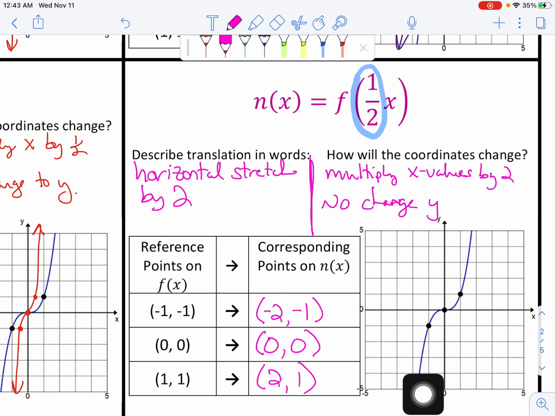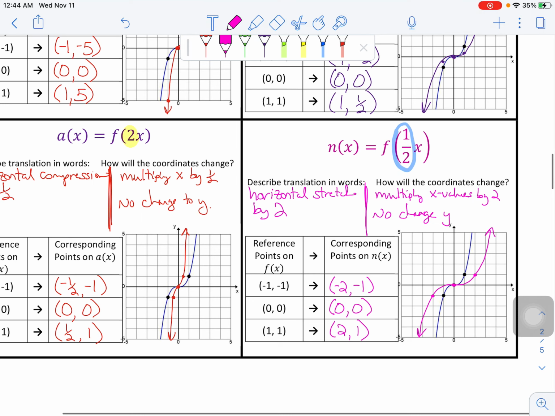It's being stretched away from the y-axis to right here. So -2, -1. 0, 0 can't stretch away from anything or compress close or anything. It's already the origin, so we're going to leave it there. And then this point, 1, 1, is going to stretch away from the y-axis to right here. Okay. And so let me see if I can draw that in, about like that and like that.